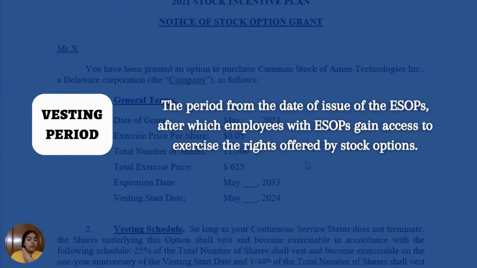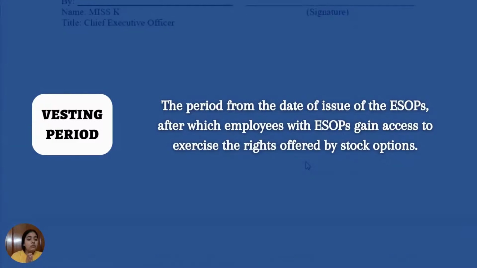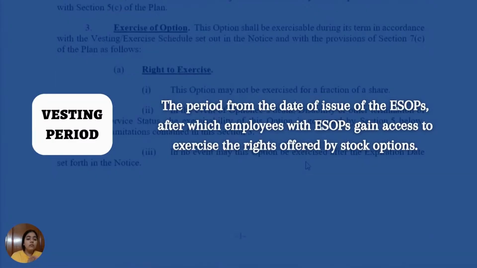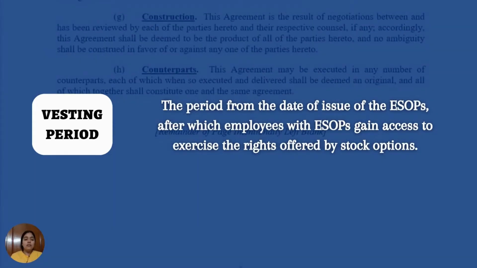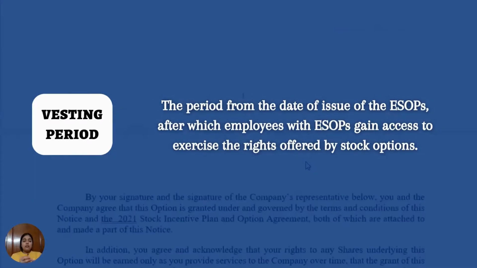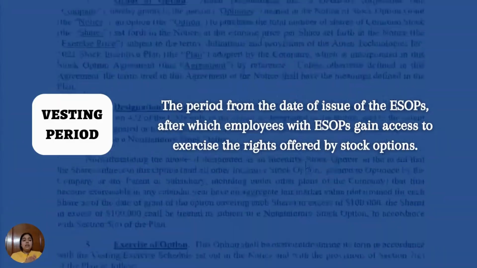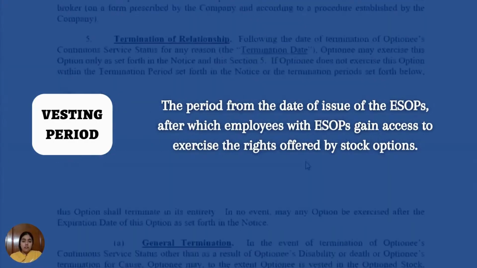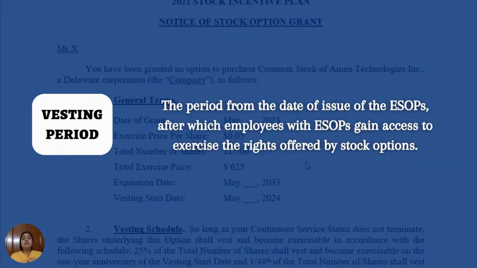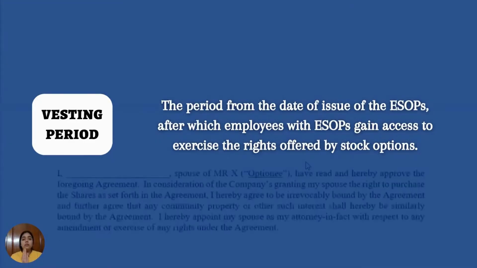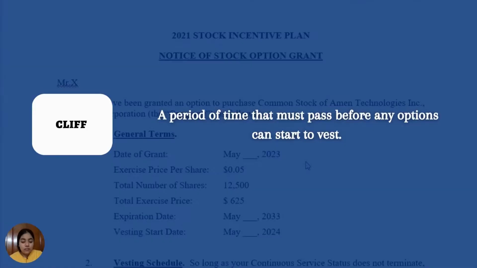Here I am going to read the period from the date of issue of ESOPs, after which employees with ESOPs gain access to exercise the rights offered by stock options. In this, the unallocated ESOP shares become the allocated ESOP shares. The employees get the right to exercise, whether they want to buy the share or not.